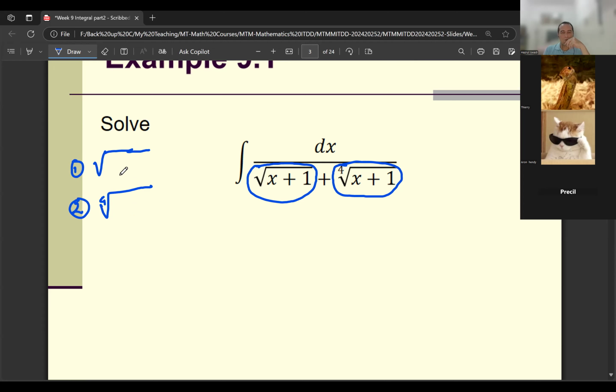And now we want to choose a substitution u. We choose the smallest power.